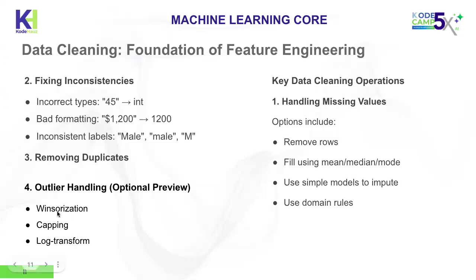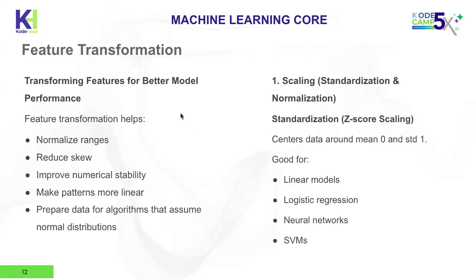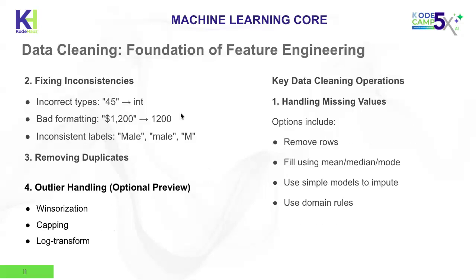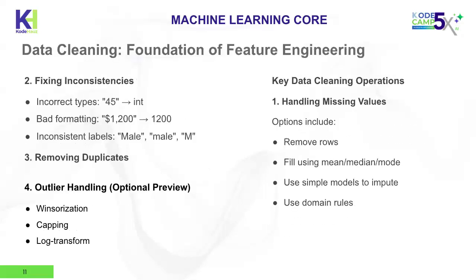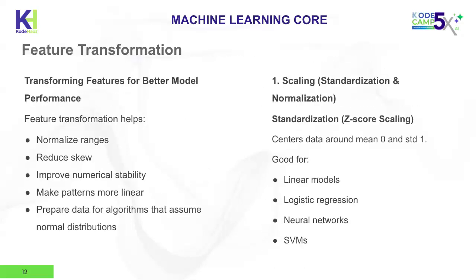And there are methods for doing that. We have what we call winsorization, capping, and log transform. These are all different ways that you can use to clean up the outliers. After doing that, the next thing is feature transformation. With feature transformation, you want to transform your features so that your model will have better performance.